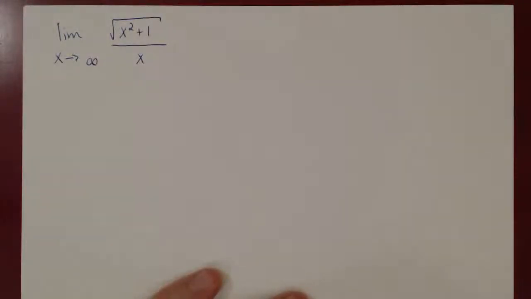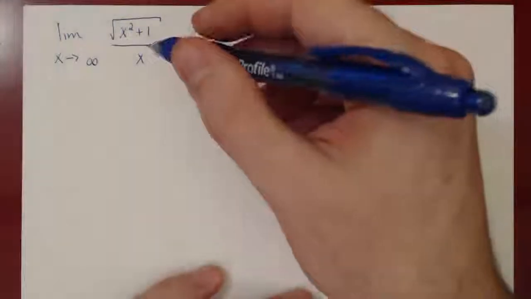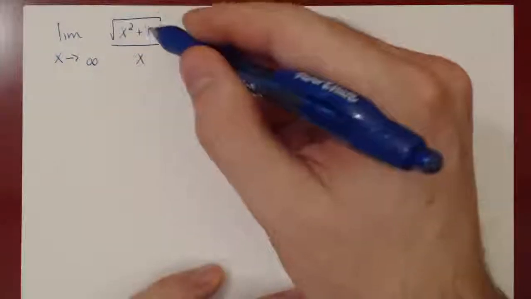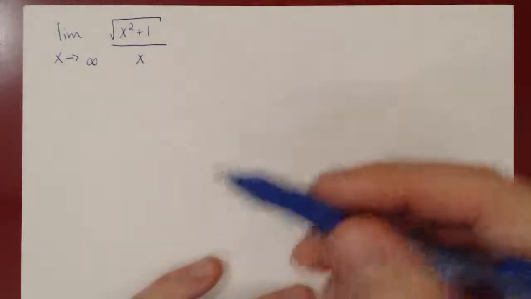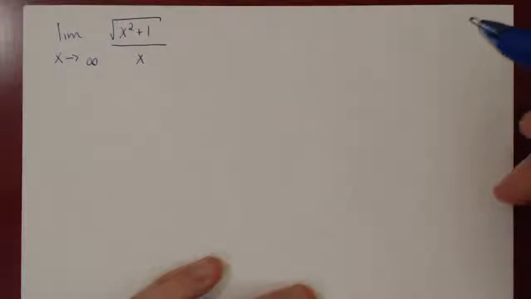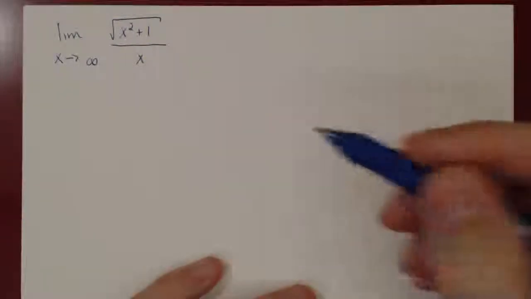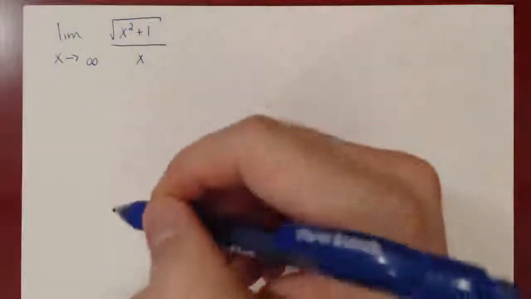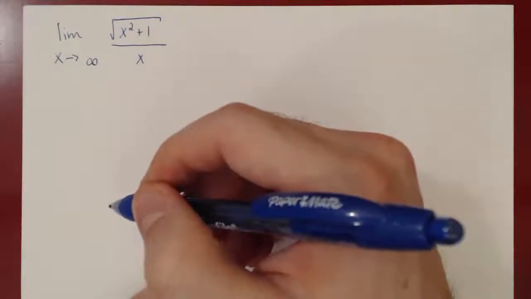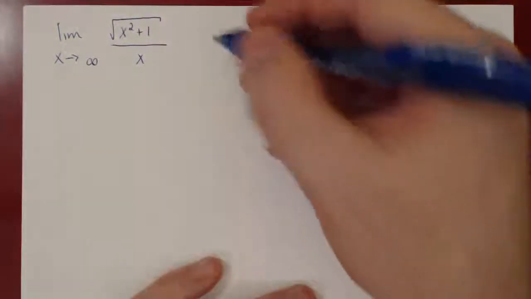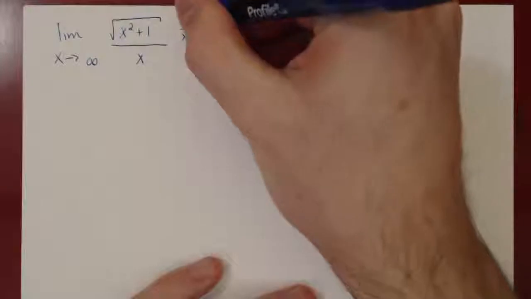We know that this gives us an infinity over infinity case, but again, we have a square root of a polynomial over a polynomial. We can simply divide as we did in the previous problem, top and bottom by the greatest power of x. Single out the x on the bottom, and you can do 1 over x over 1 over x.